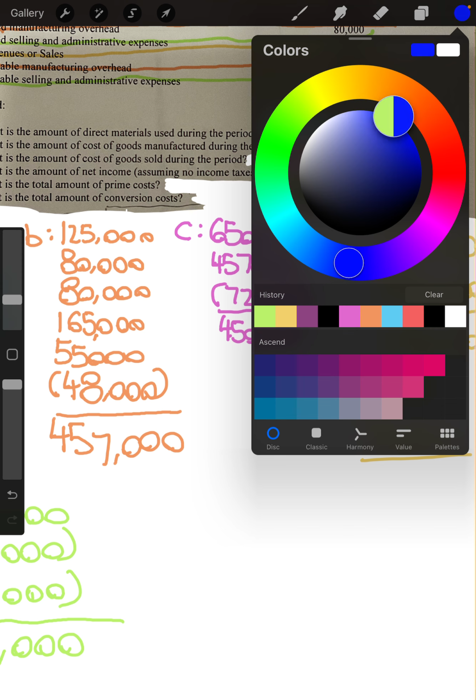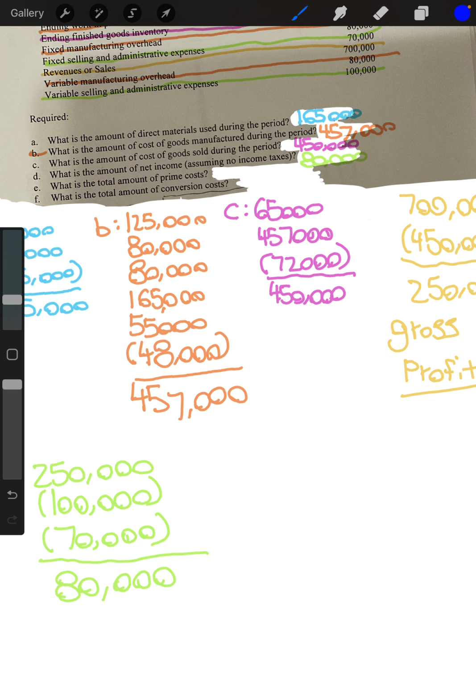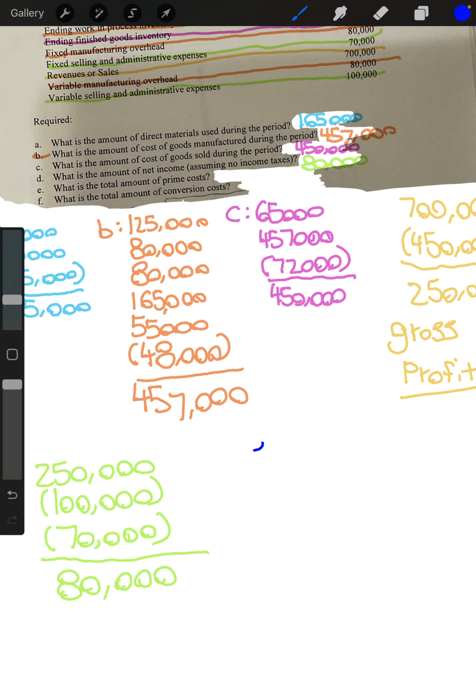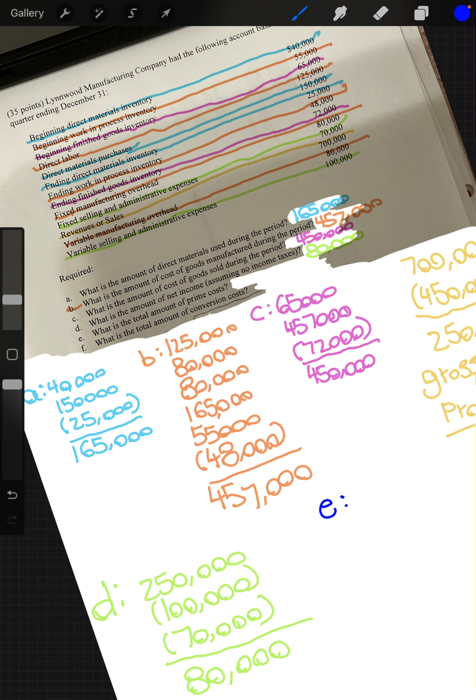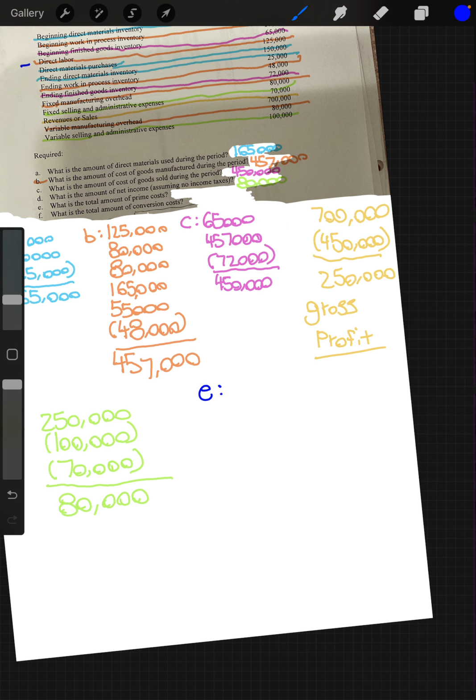What color should we go? I guess dark blue. So, E. What is the total amount of prime cost? So you're going to take your direct labor. I hope that's not too dark. Is this too dark? Maybe. Your direct labor here. That's going to be 125,000.